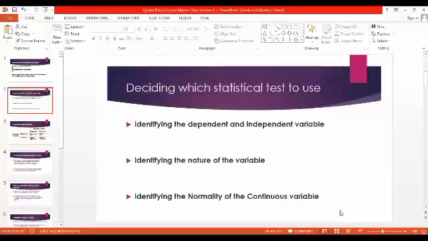Now, I've talked about how we can identify dependent variable and independent variable. The dependent variables are those parameters we are running in our research, or the factors we are measuring, most of the time.